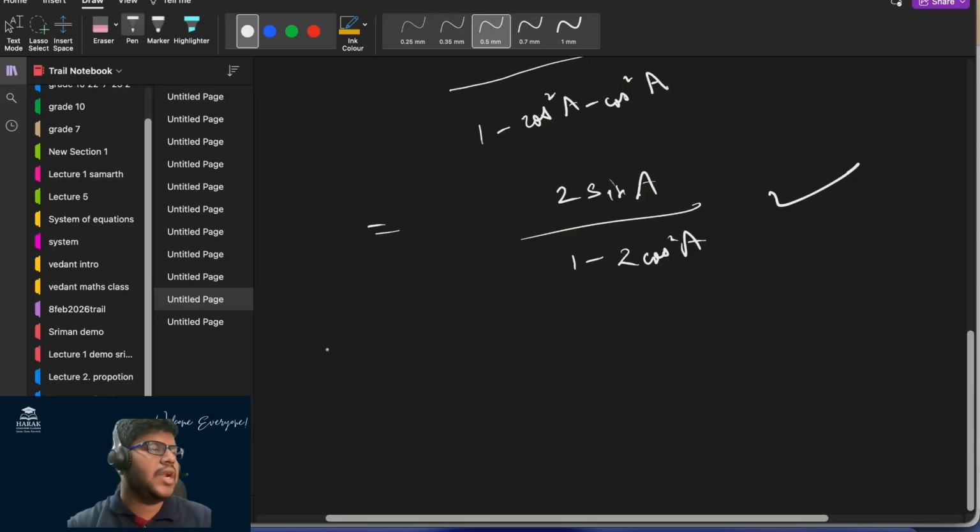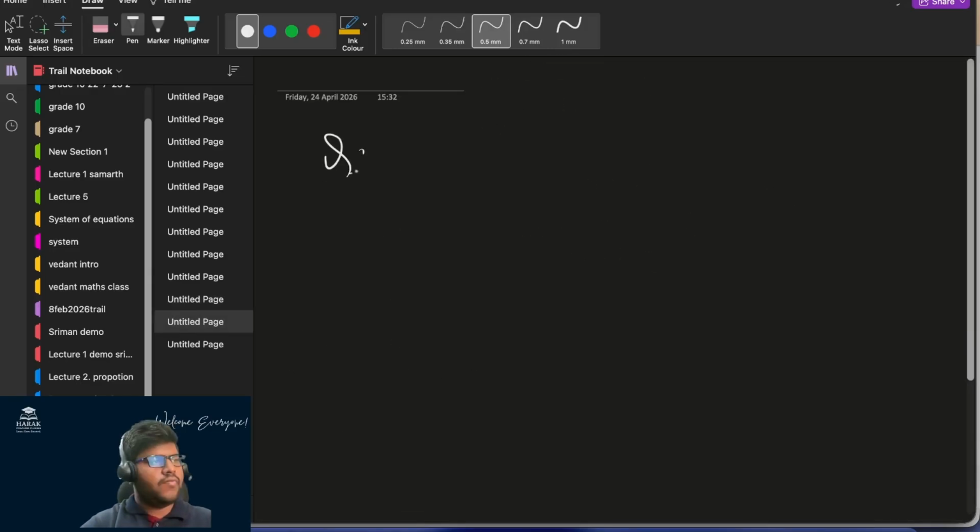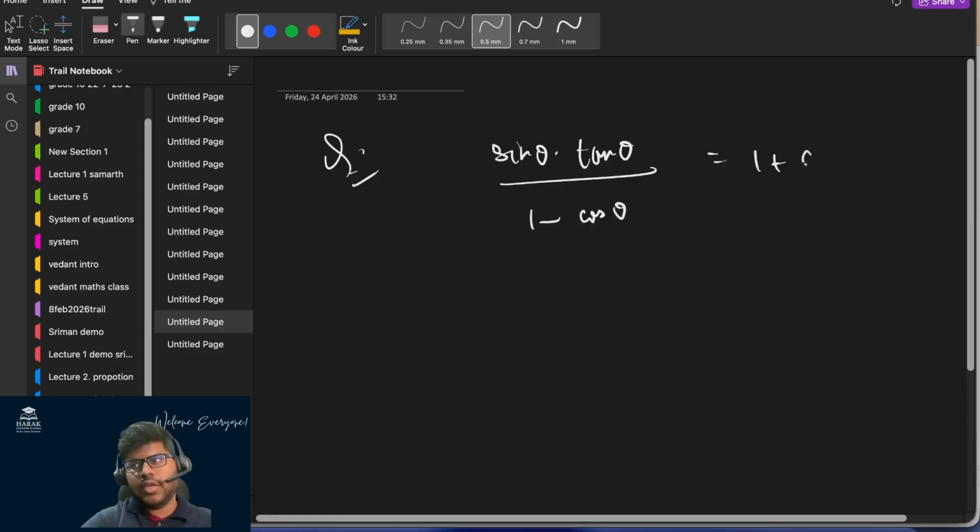Let us practice some more questions based on trigonometry: sine of theta times tan of theta over 1 minus cos of theta should be equal to 1 plus sec theta. We need to prove it equal to 1 plus sec of theta. That means I want something of the form (1 plus cos theta) over cos theta.